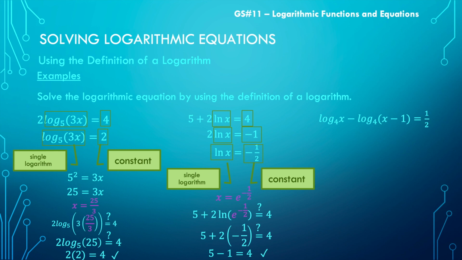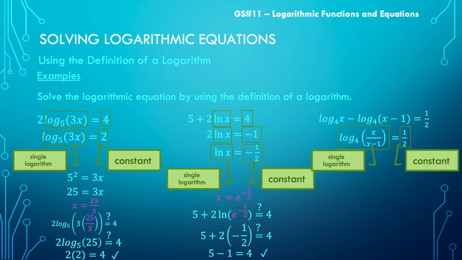And remember, if you're condensing two logs that are separated by a minus sign, then I can take the arguments and divide them. So this would turn into log base 4 of x divided by x minus 1, and that is equal to 1/2. Okay, so I have that single log, and that's equal to a constant.